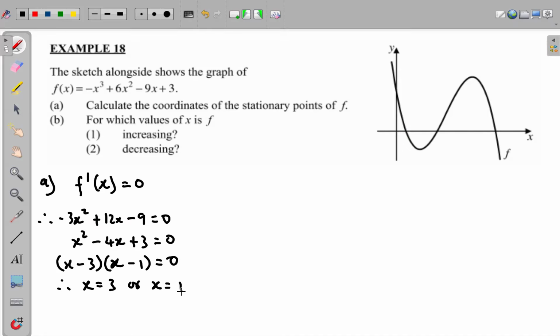So you see, it's just that here you have a sketch already. So you know this is 1 and you know this here is a 3 already. So you know 1 is your local min and then 3 is a local max. So again, I want you to pay attention to this issue here of concavity.